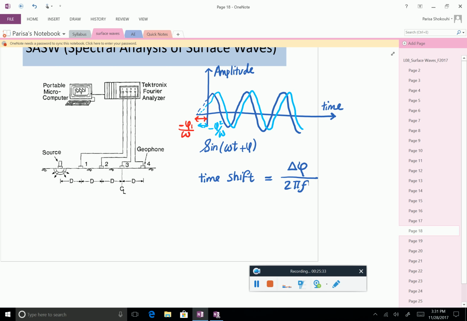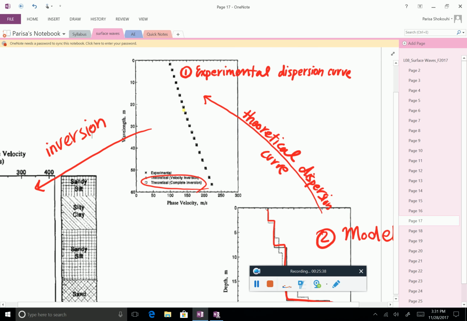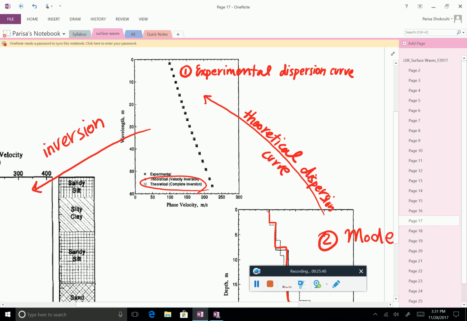So, look back at the dispersion curves. What we are looking to get is for each frequency component, what is the time shift between the two signals.